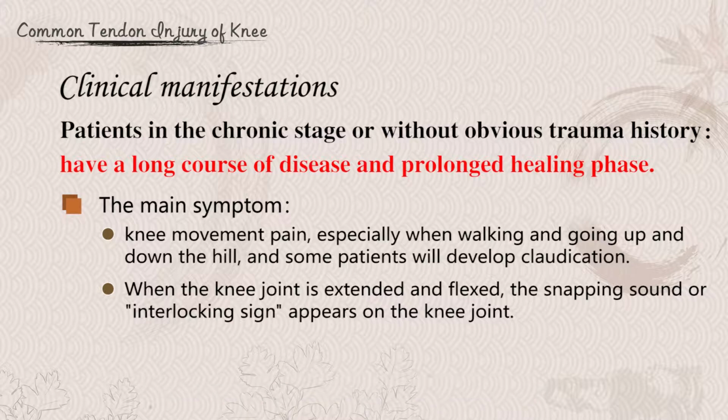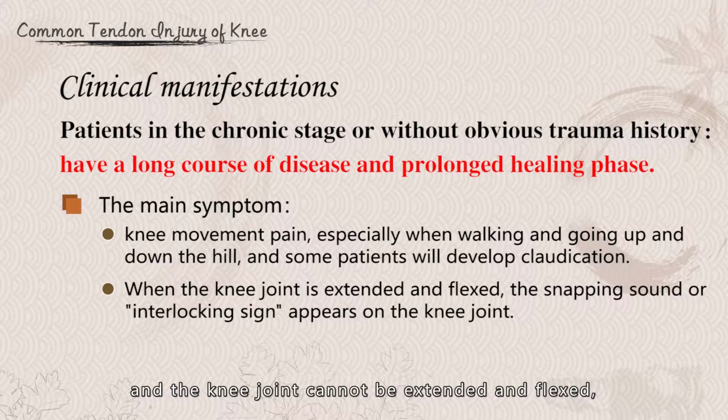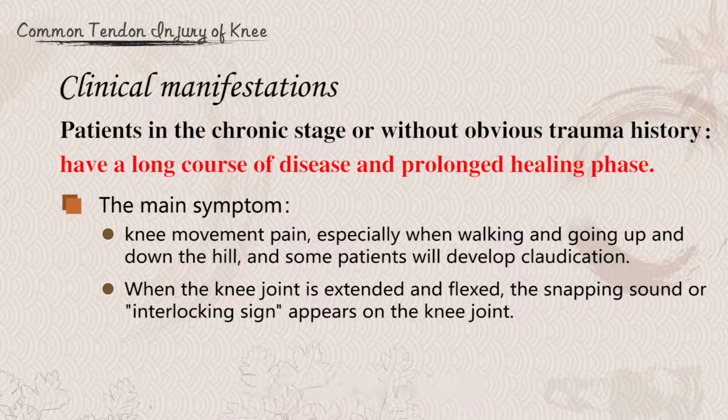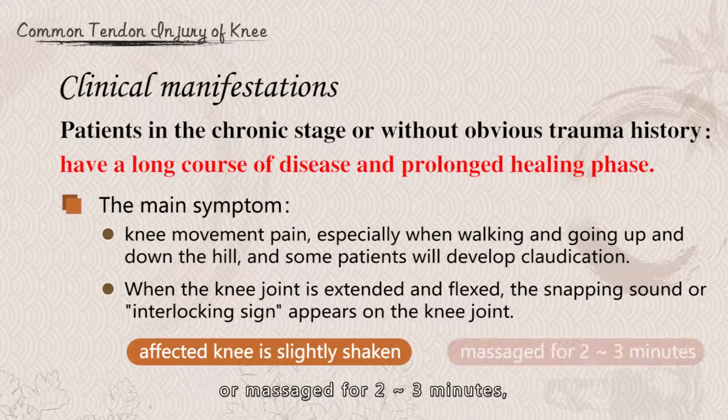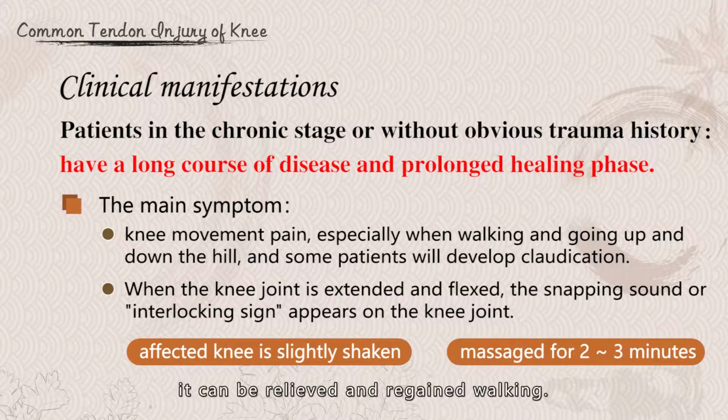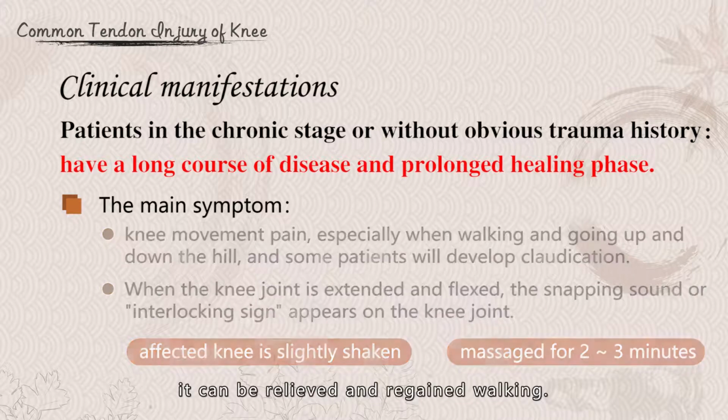That is, when walking, sudden sharp pain occurs, and the knee joint cannot be extended and flexed, which is like interlocking. If the affected knee is slightly shaken or massaged for 2 to 3 minutes, it can be relieved and regain walking.